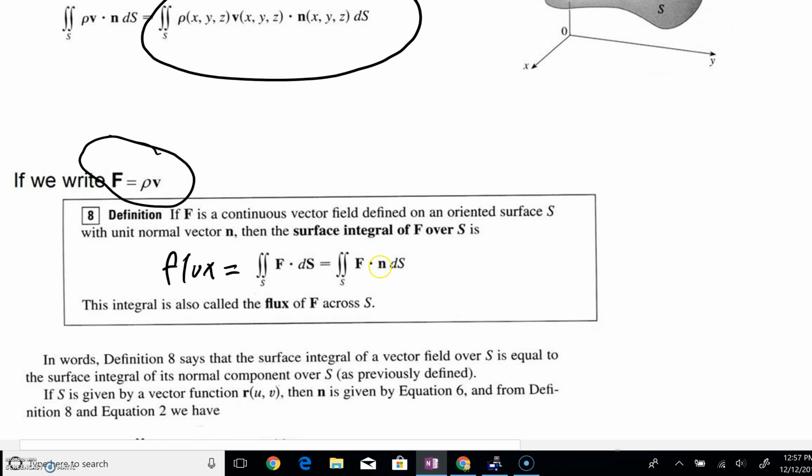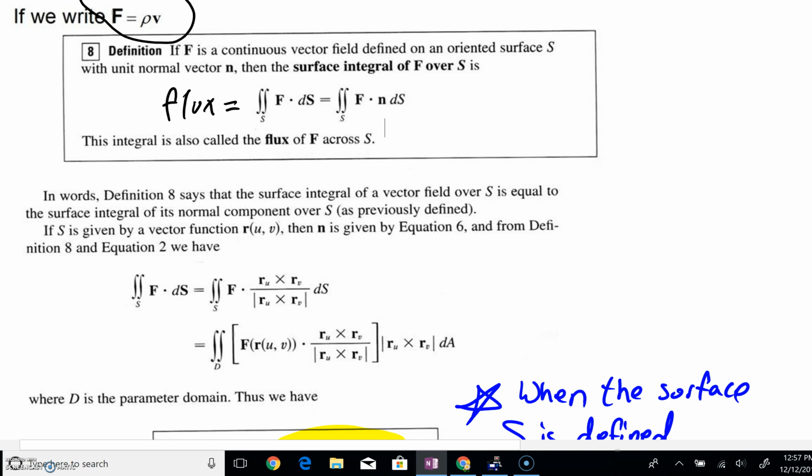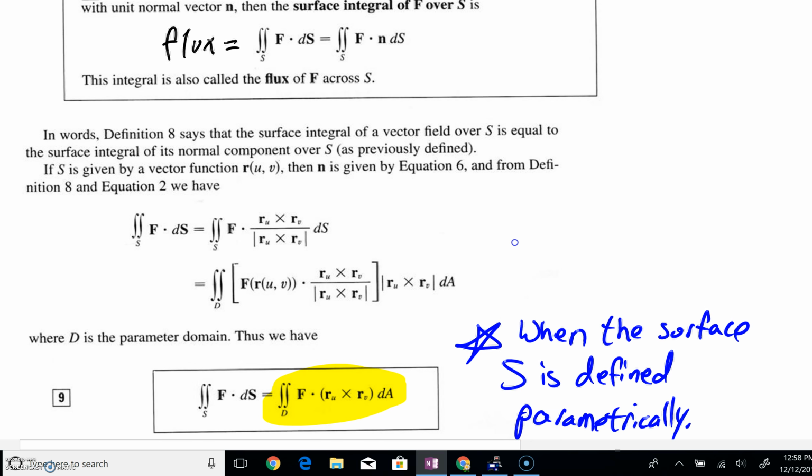But when we multiply by that dot product of the normal vector over this surface integral, that's how we find flux. So as we see here, definition 8 in that box says that the flux of a vector field over S is equal to the surface integral of its normal component over S. And that normal component is very, very important.